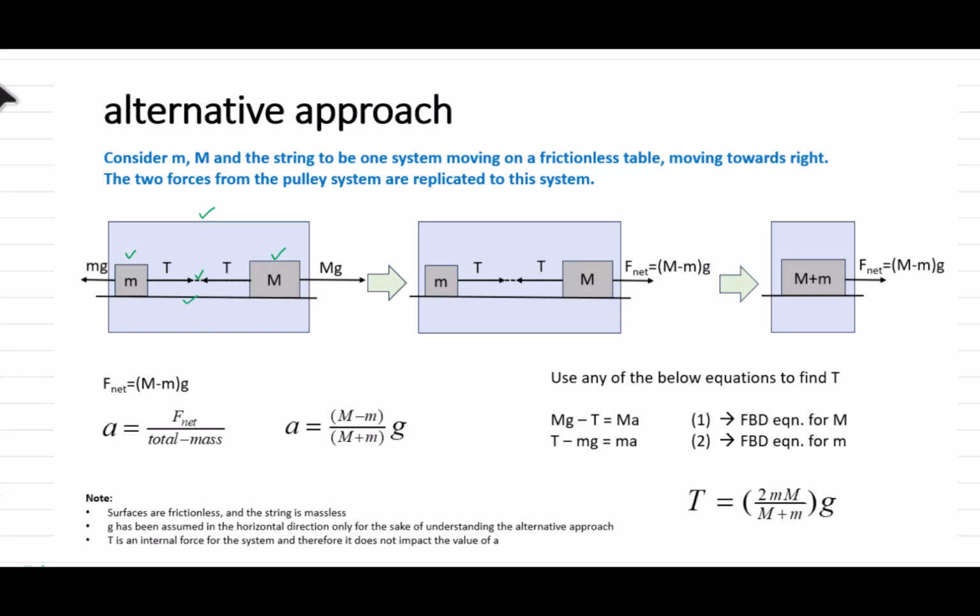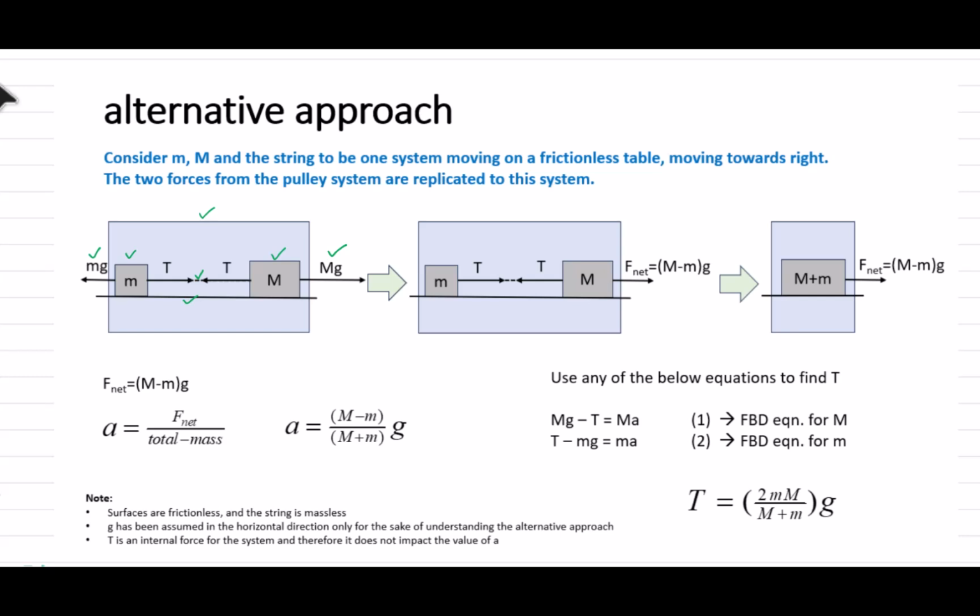And with this, we now apply the forces that are equivalent of the forces that were acting in the case of a system of pulley. So on the right hand side you see there is a force Mg, which is actually the weight of the object, which is trying to pull this system on the right hand side. And of course, the other external force we are talking about is the small mg, which is a force acting on the smaller object, which is trying to pull the system towards the left hand side.